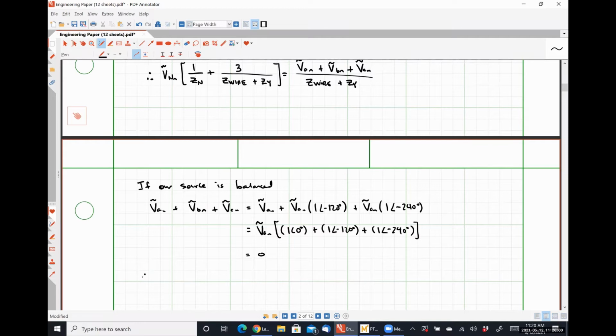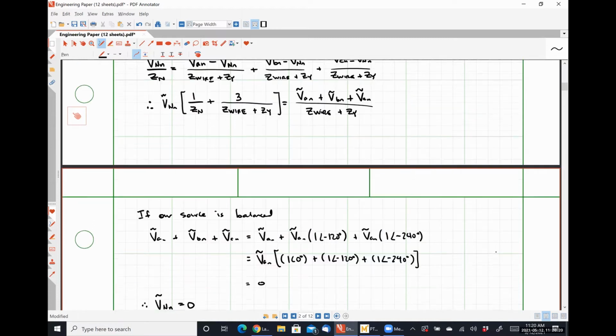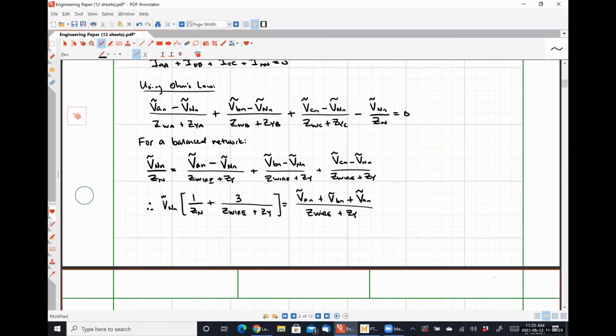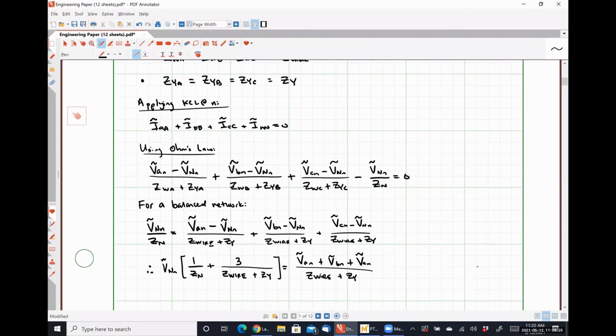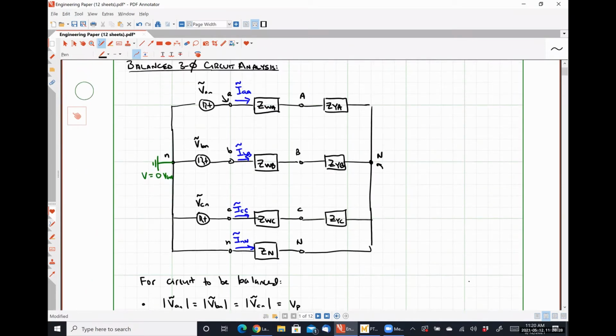So from this, we can see that V capital N lowercase n is equal to 0 volts for a balanced three-phase system. Okay, this is a very, very important revelation. For a balanced system, the voltage drop over that neutral conductor is 0 volts, regardless of what the impedance of the neutral conductor is.